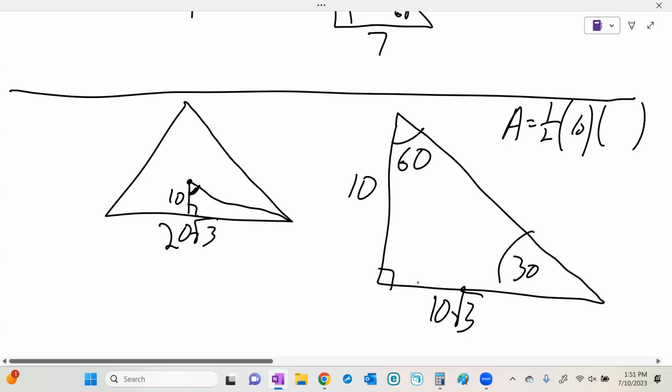All right? What would the perimeter be then? If we have 20 square root 3, 20 square root 3, 20 square root 3, how many square roots of 3 do we have? 60 square roots of 3. And then you can put it all together. 1/2 times 10 times 60 square root 3, just 300 square root 3 units squared.